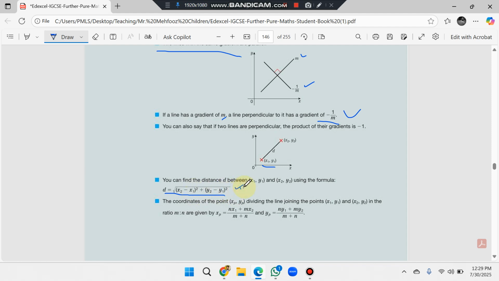And the last topic which we have studied is the coordinates of the point xp, yp dividing the line joining the points (x1, y1) and (x2, y2).